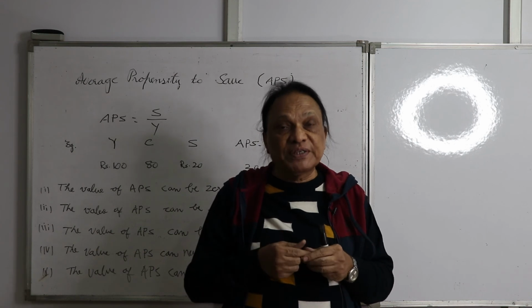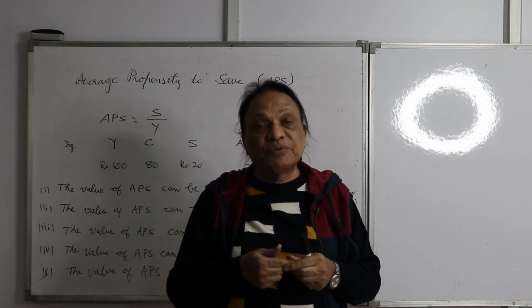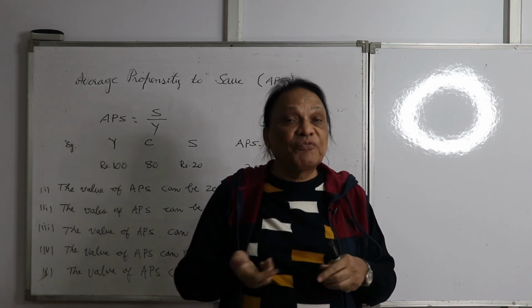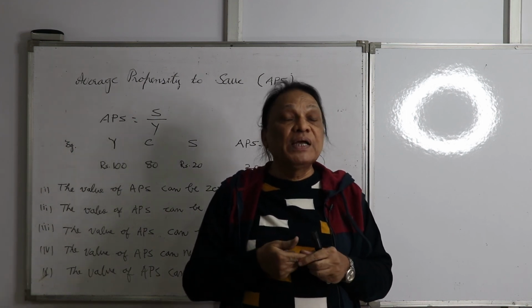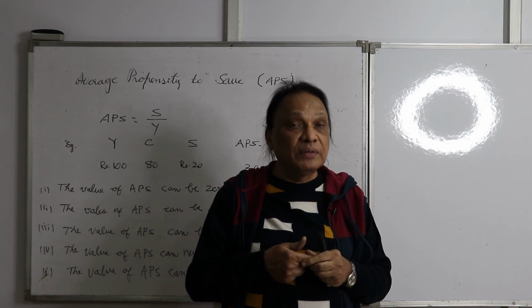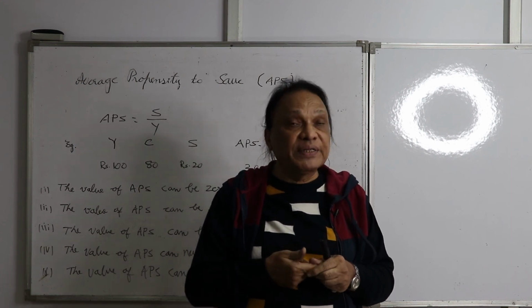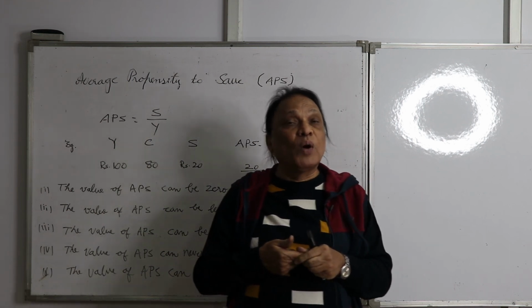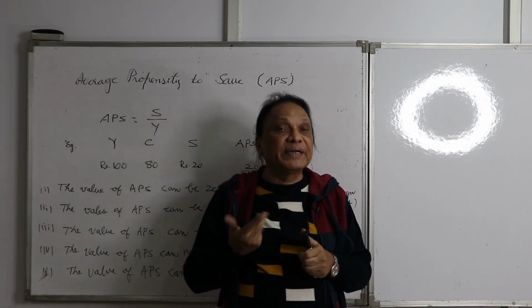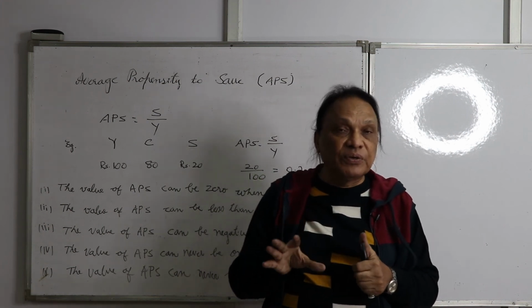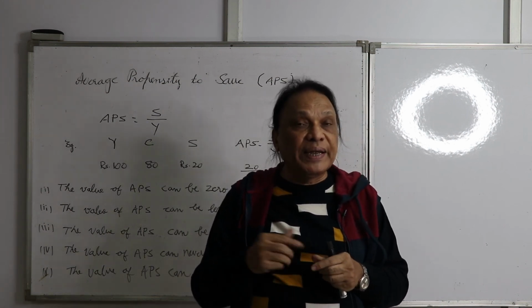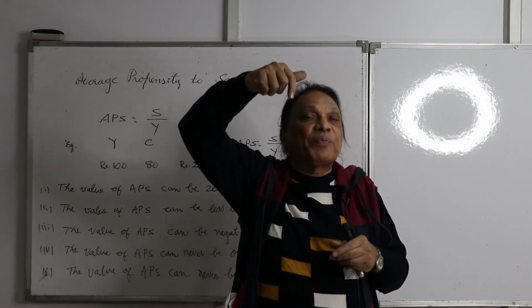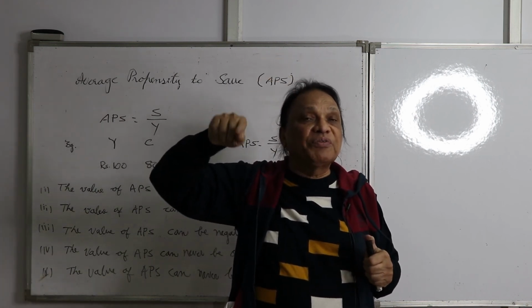The value of APS can be 0 at the break-even point when income is equal to consumption, hence savings are 0. After the break-even point, the value of APS can be less than 1 when income is greater than consumption. Mind it, the value of APS can never be 1 or greater than 1. It can be 0, it can be less than 1, it can be negative.